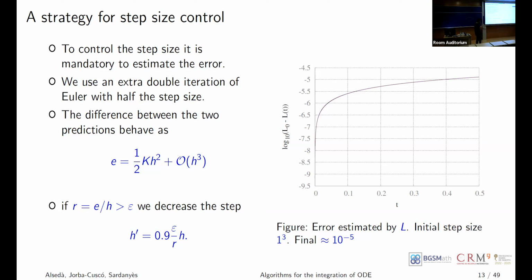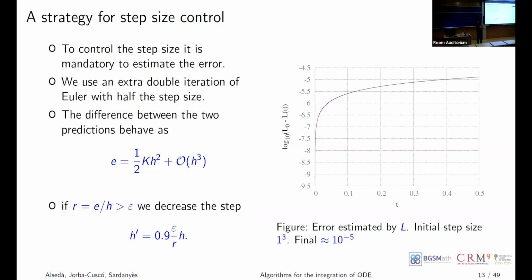So the point is, I have to fix the tolerance. I have to set the accuracy I want to solve the problem. That's a usual thing I have to do with any method. So I fix epsilon, and then I'm going to check that the error divided by h is small enough. And if it is not small enough, I'm going to decrease my step size.